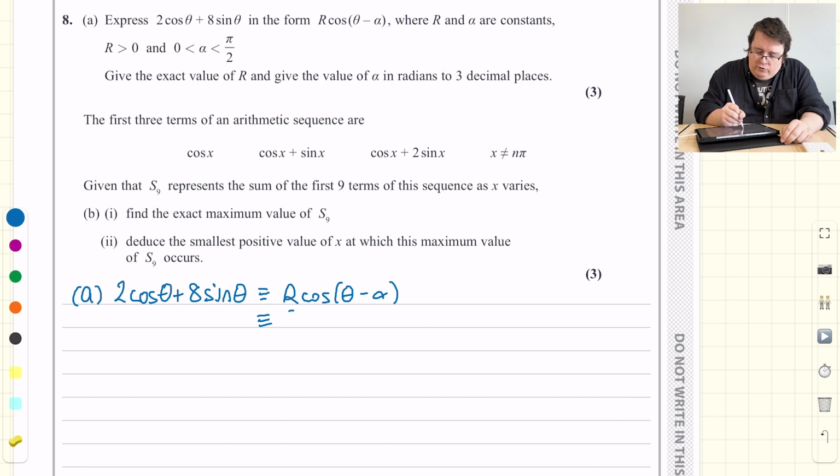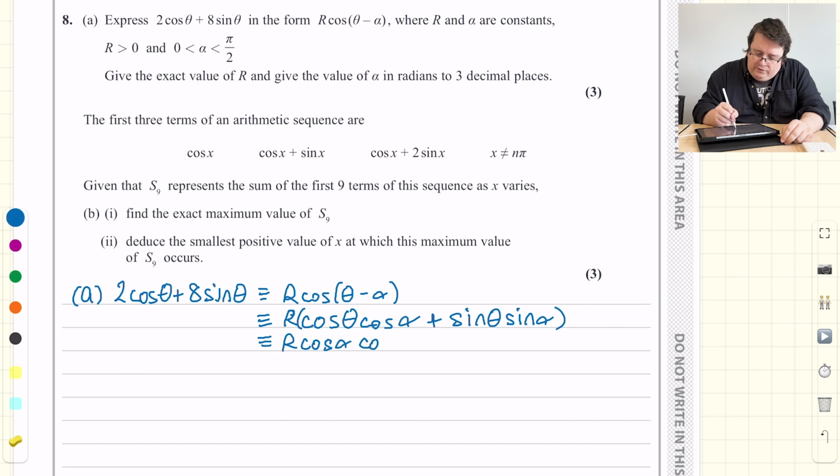So using the compound angle formulae, that would be r cosine theta cosine alpha plus sine theta sine alpha. Now if you expand the bracket out, bring the alphas to the front, so r cosine alpha cosine theta plus r sine alpha sine theta.